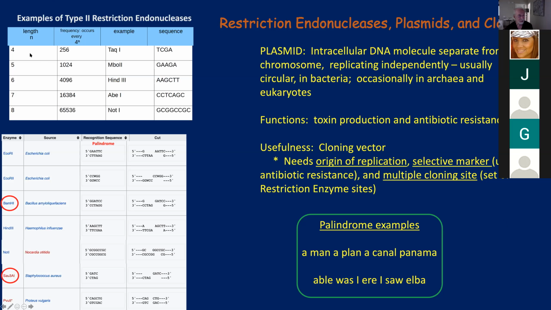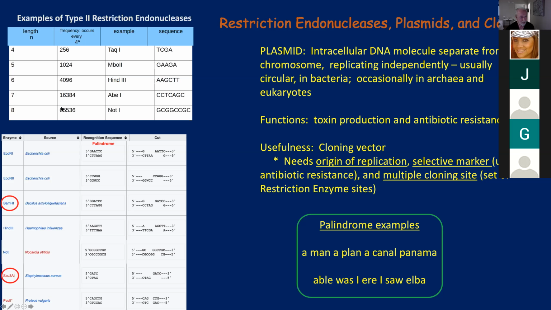The length of a site can vary from 4 nucleotides to 8, and that determines how many there are in a genome. So if the length is 4, a cut site occurs approximately every 256 base pairs. If the cut site is 8, it's about 65,000 base pairs between cut sites.